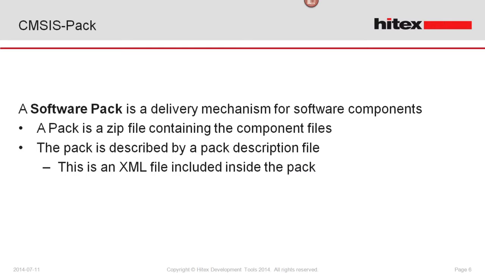And it contains one additional file, which is an XML file that's used to describe the contents of the software pack. So these software packs can be installed locally, they can be held on a company server or web server or an intranet, or they can be put onto a cloud server so that anybody can download them and install them into their toolchain.